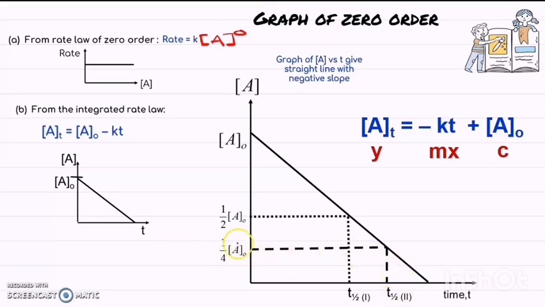At the second T half, the concentration has become half of the first T half concentration. That's why it becomes 1/4 A naught. So from the graph, we can have our second T half. And from the equation of y equal to mx plus c, we can have our slope as our rate constant. Okay, this k is equal to m. So slope here refers to our rate constant.